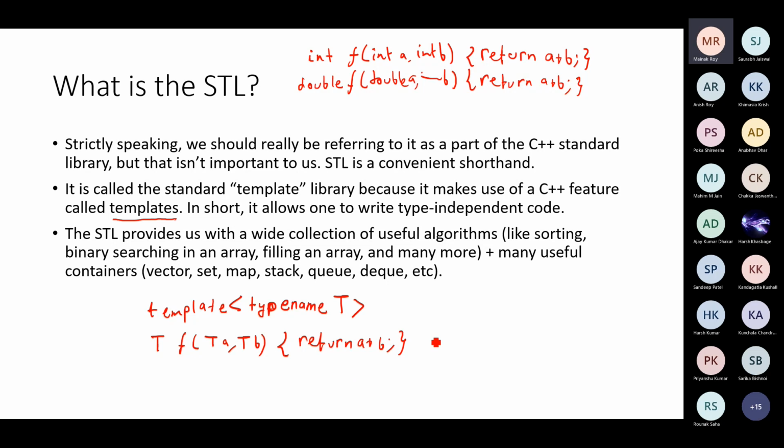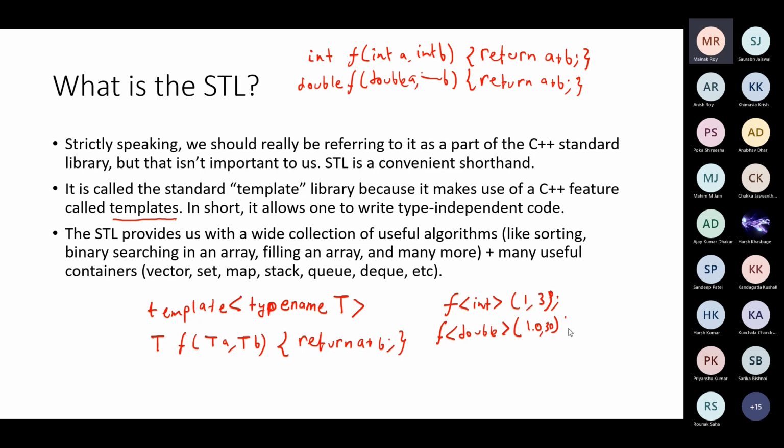So when the user is calling this function, he will just write the name of the function, write the type that he's passing, and pass the variables. And like this, he can again write f double. So basically, it passes on the problem of the type to the user.